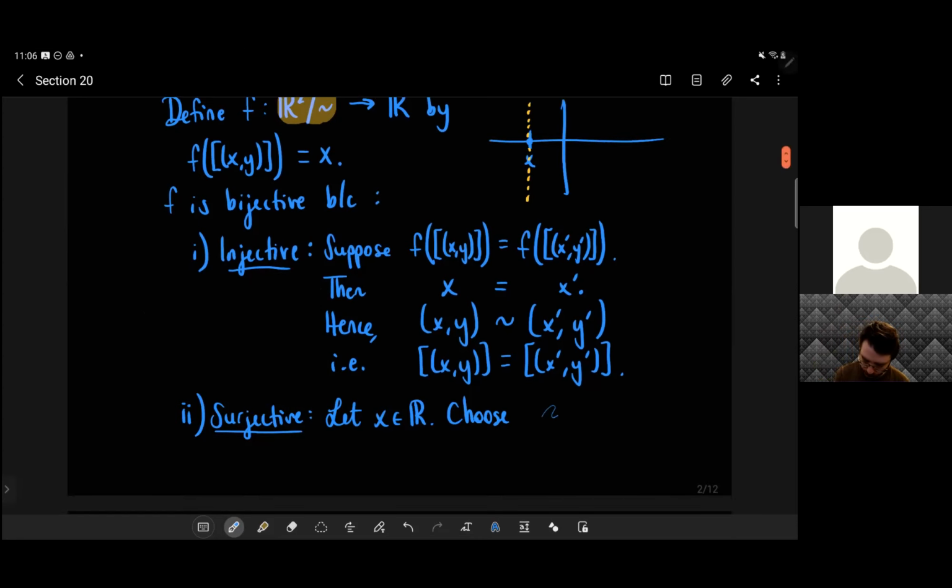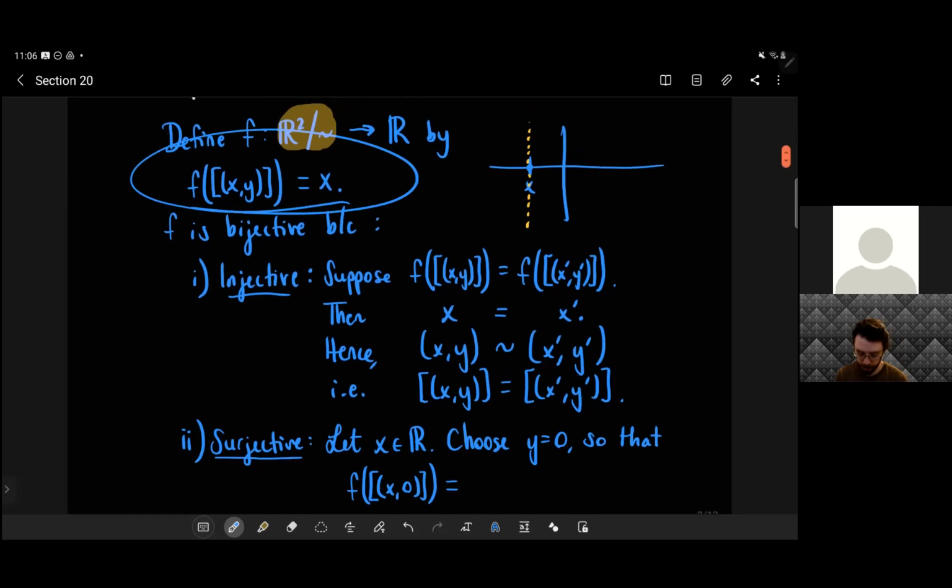All right, so choose y equals 0 so that f of the equivalence class of this point x comma 0... well, again, the function is defined to just spit out x. So that's all you need for surjective. We found some equivalence class mapping onto this point we started with.